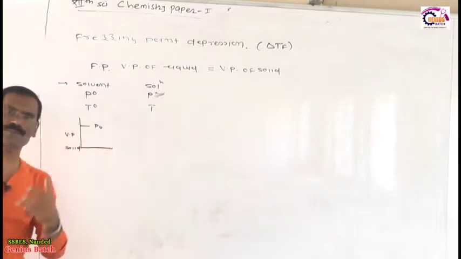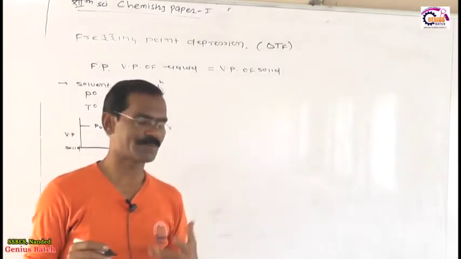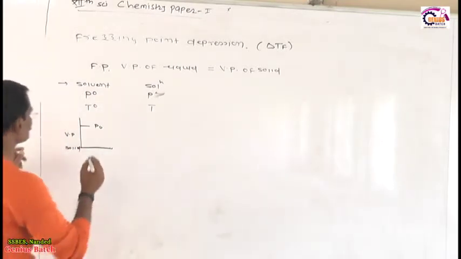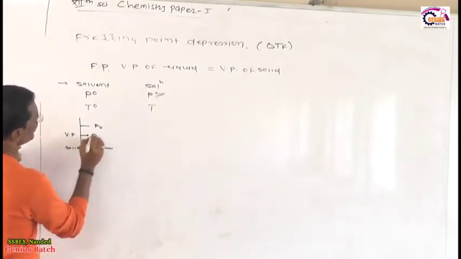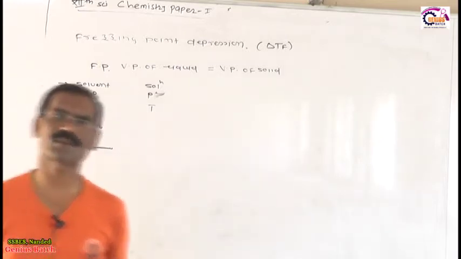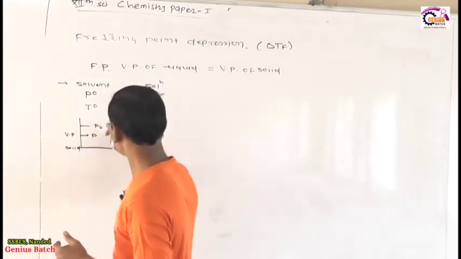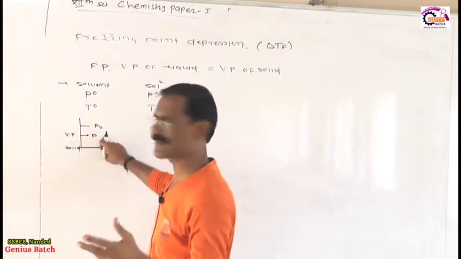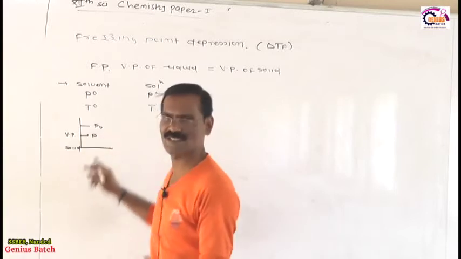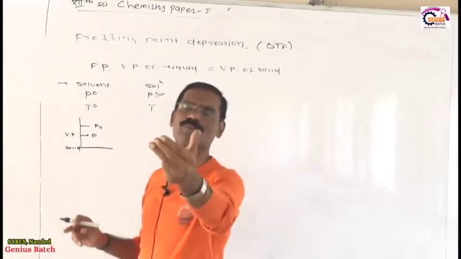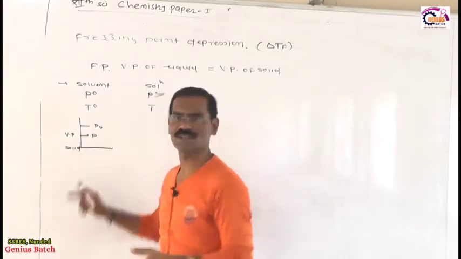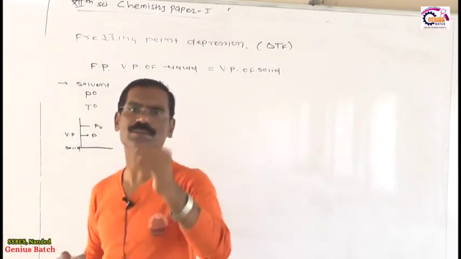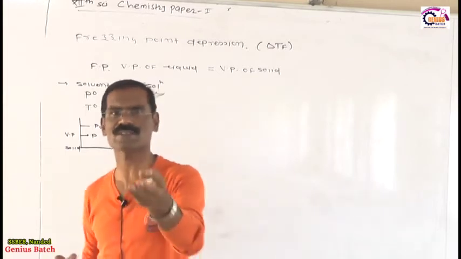P0 means the vapor pressure of the pure solvent, because it is always greater than the vapor pressure of the solution. And this is P, the vapor pressure of the solution. You know the vapor pressure of the solution is always lower than that of the pure solvent, because in the solution we added a non-volatile solute. Due to the addition of the non-volatile solute, the vapor pressure of the solution decreases, as you know from previous videos.